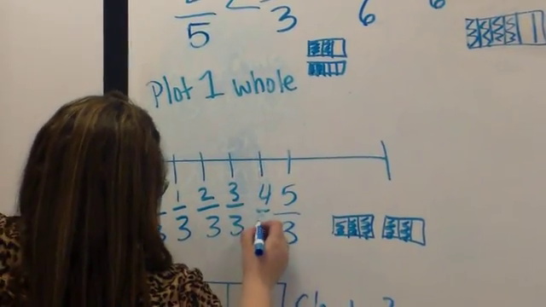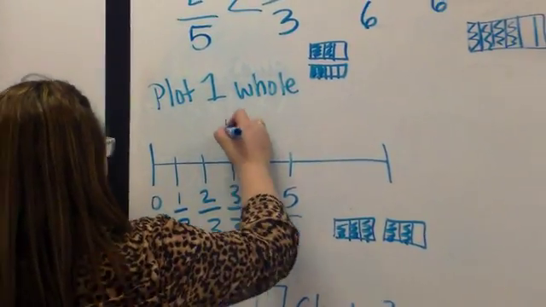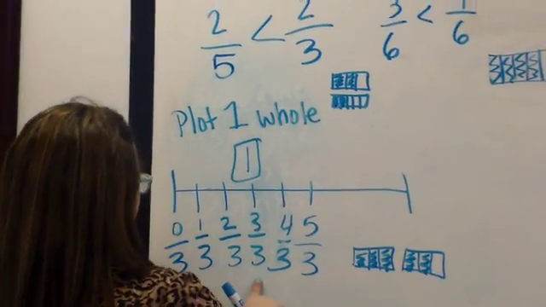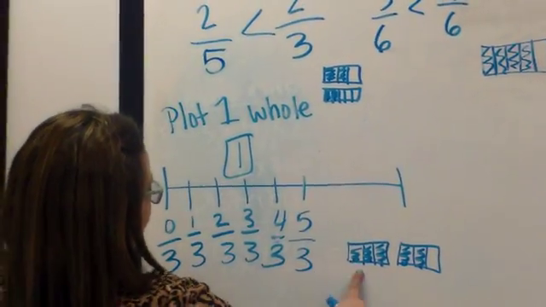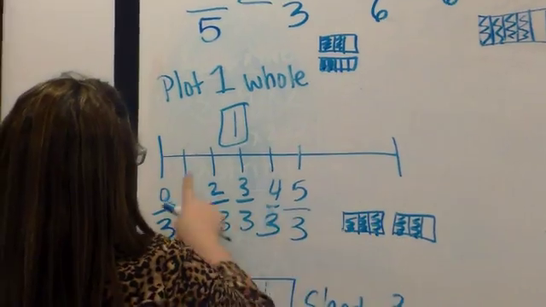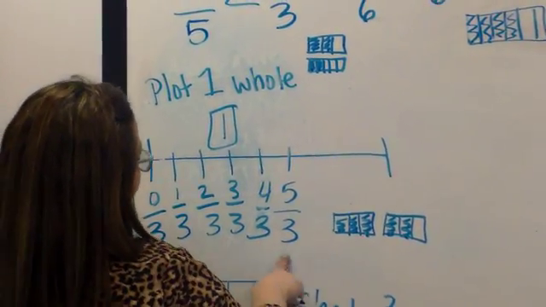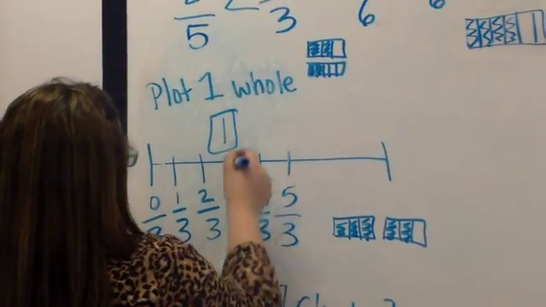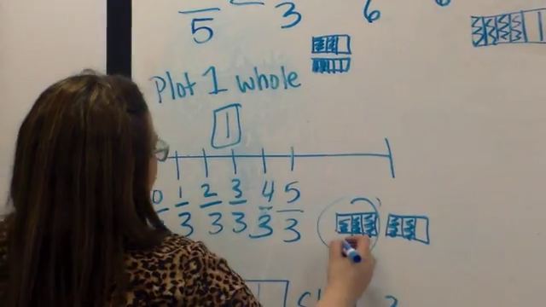Kids are going to make that mistake. 1 whole is right at 3/3. That's where I have 1 whole thing, or like this, 1 whole picture. So even though we broke it up into 5 parts to get those 5/3, 1 whole is still here, where there are 3 of the thirds needed to make 1 whole.